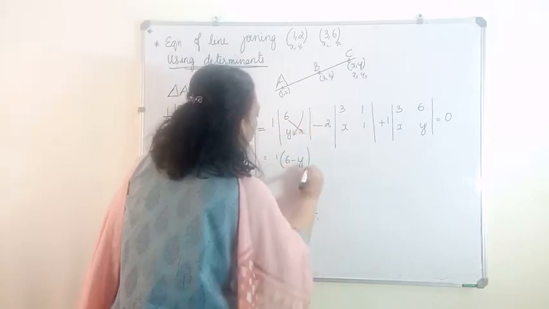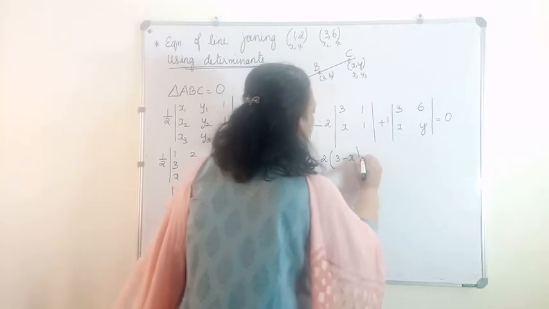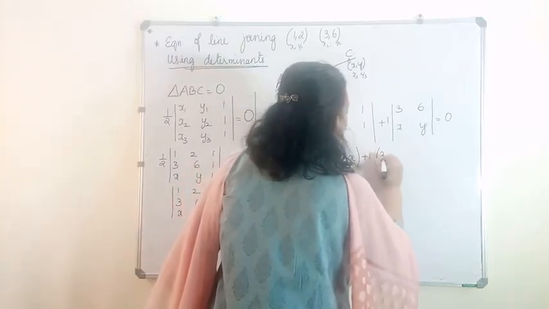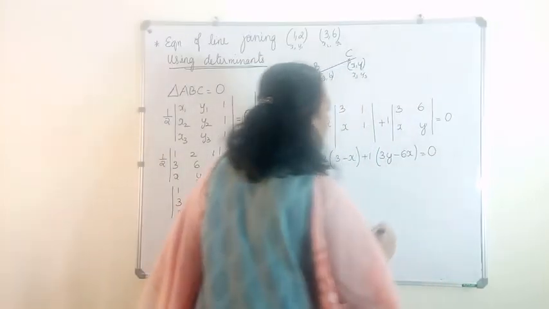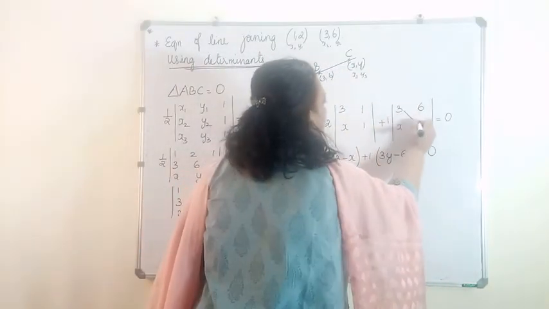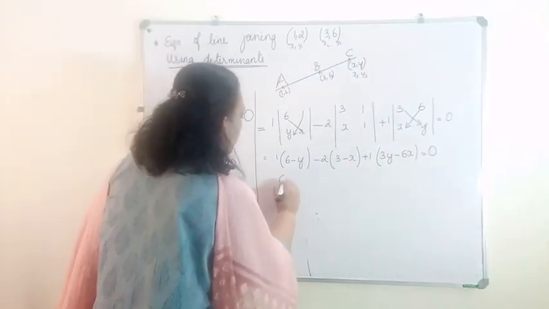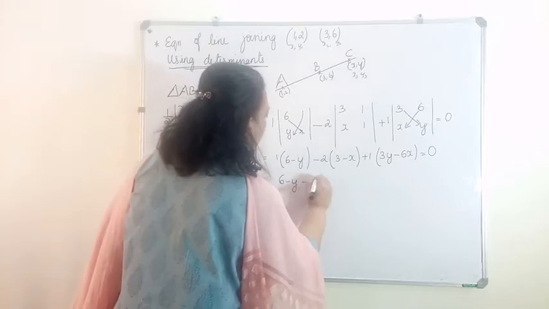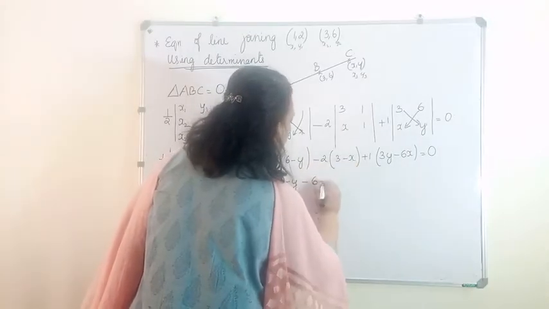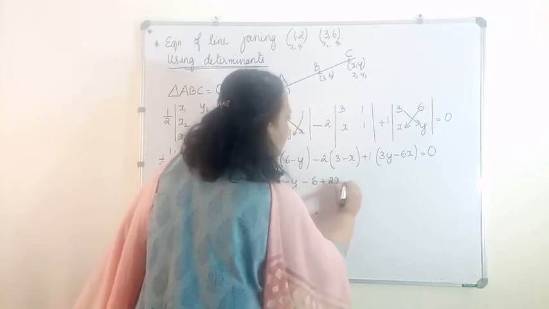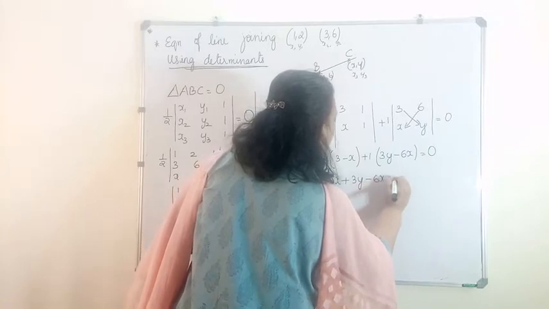Or this is equal to 1 into 6 minus y, minus 2 into 3 minus x, plus 1 into 3y minus 6x is equal to 0. 1 into 6 minus y is 6 minus y, minus, open the bracket, 2 3s are 6, minus into minus plus 2x, plus 3y minus 6x is equal to 0.